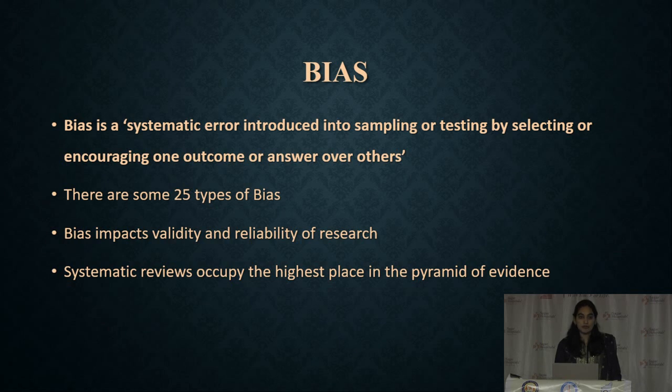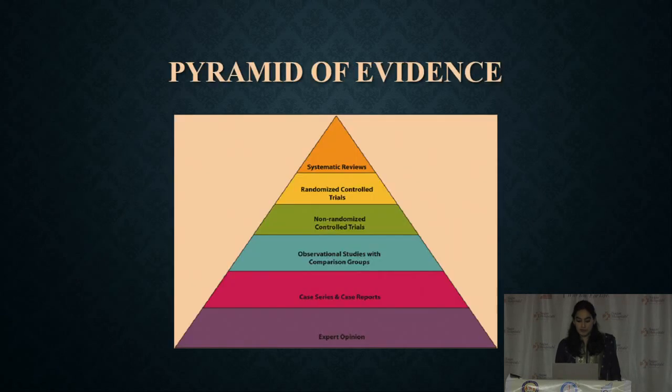Systematic reviews in this matter occupy the highest place in the pyramid of evidence, where they have very minimal bias. This is the pyramid of evidence where you see systematic review occupying the apex and expert opinion the base. This pyramid shows the different levels of studies and is based on the bias associated with these studies, wherein systematic review is associated with very minimal bias.